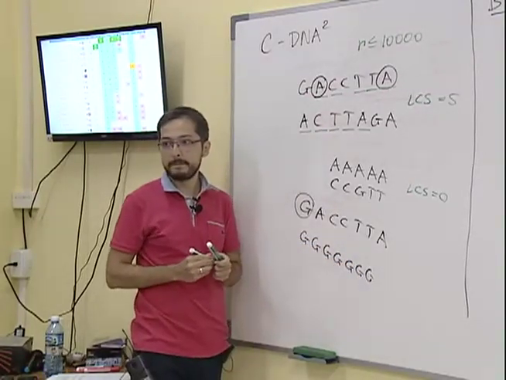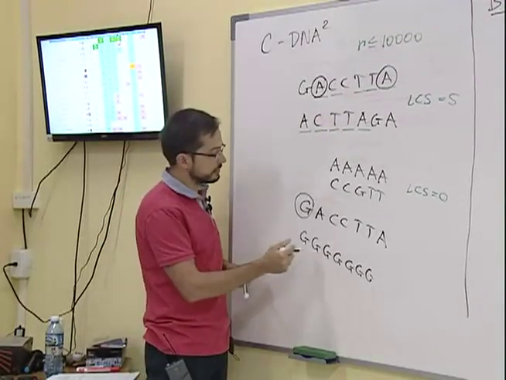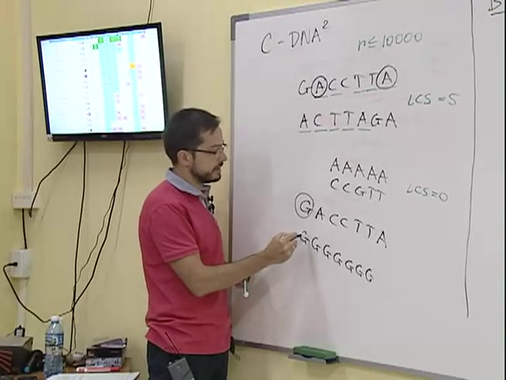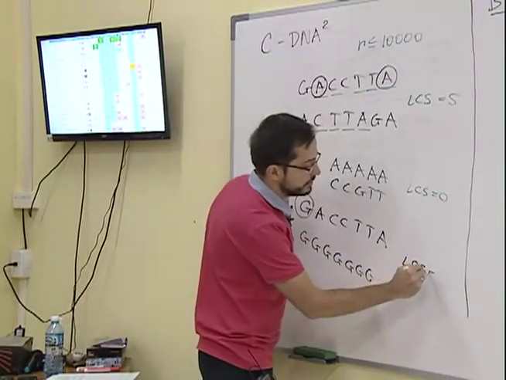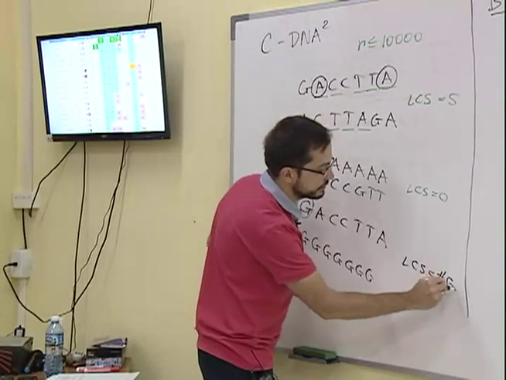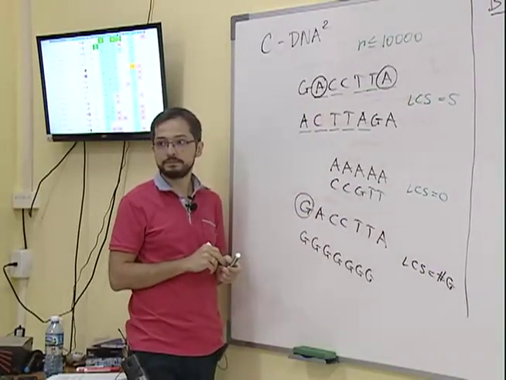All right? Because I have all letters G, I know that the LCS here in this example will be the number of letters G in the input. Okay?